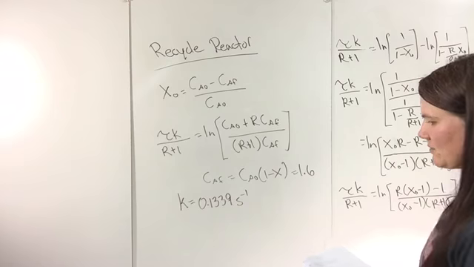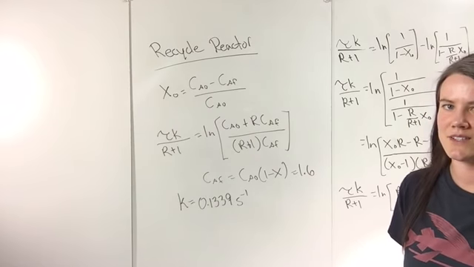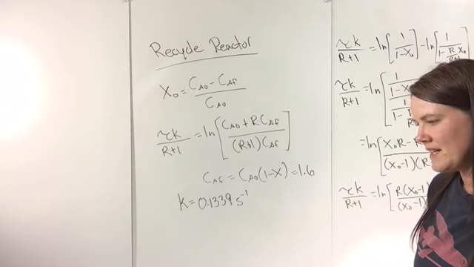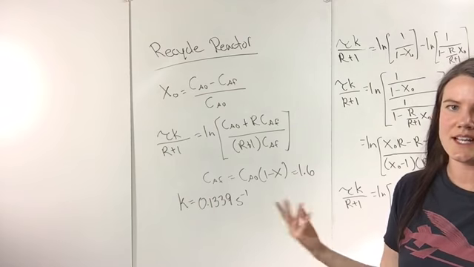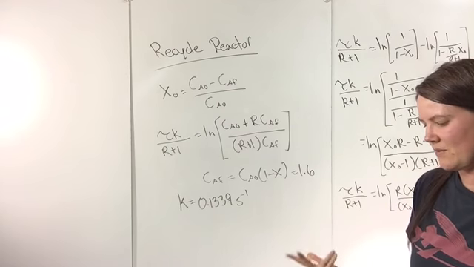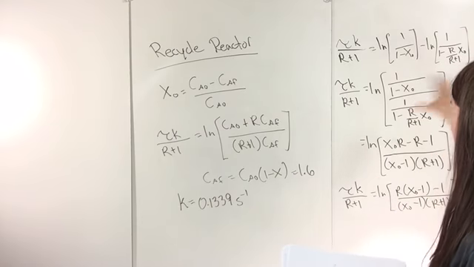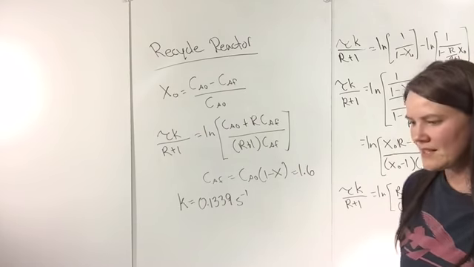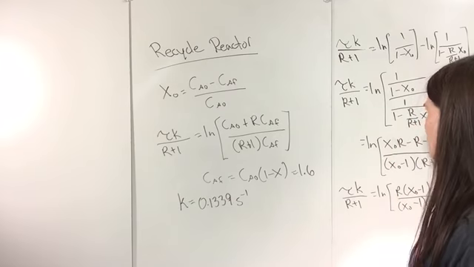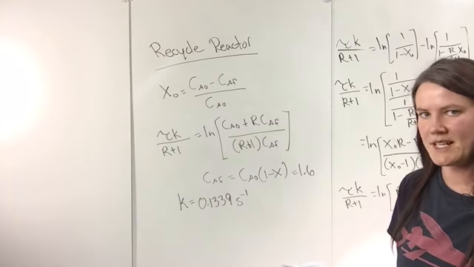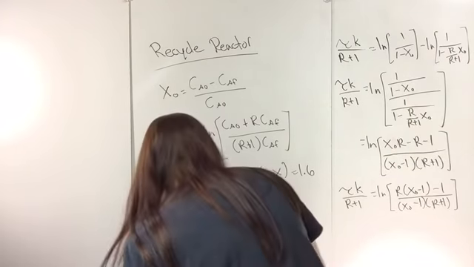You just start with the mole balance for a recycle reactor. Just make sure you're starting with the right equation. And then it's still the same thing: the mole balance, rate law, stoichiometry, combine everything, and solve it. There's a little more algebra, a little more math involved, but it's still the same process.